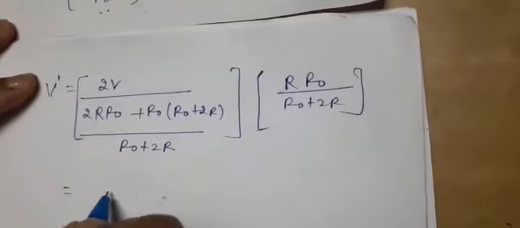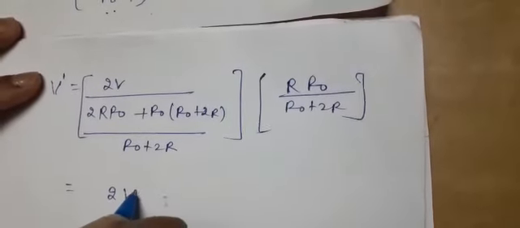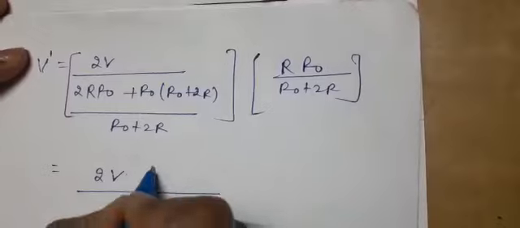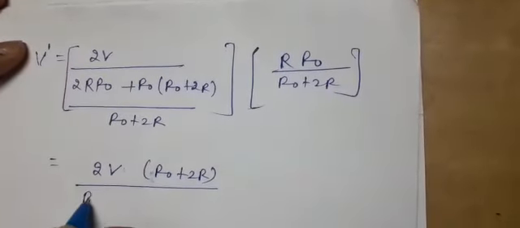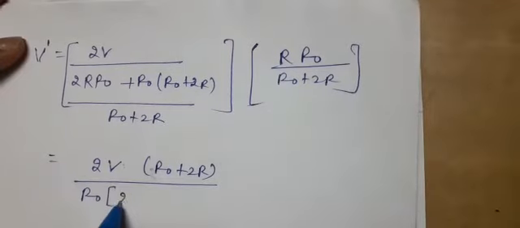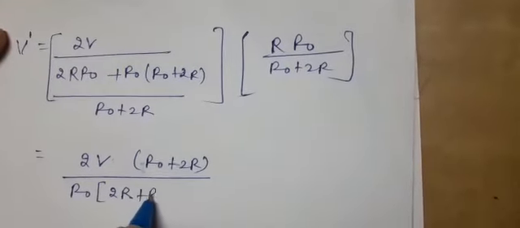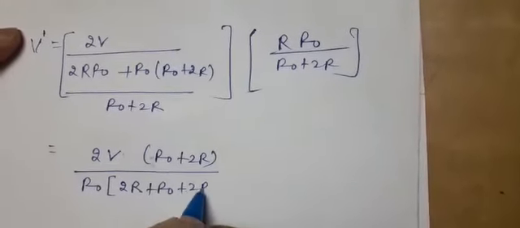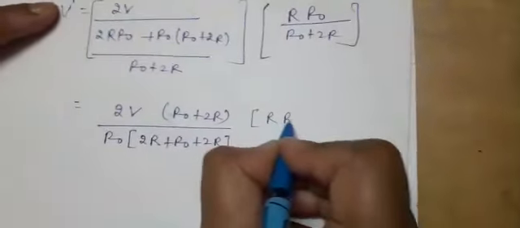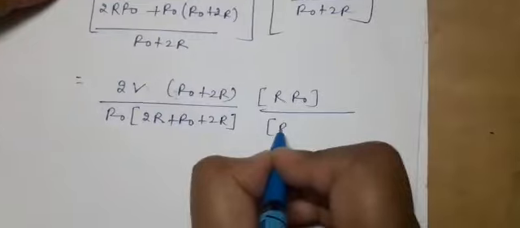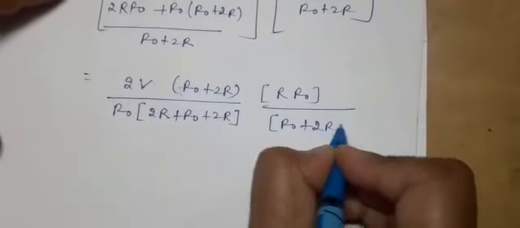So now this is 2V, and taking it to the numerator, this will be a multiplier, taking R0 common, 2R plus R0 plus 2R, into R0 divided by R0 plus 2R.